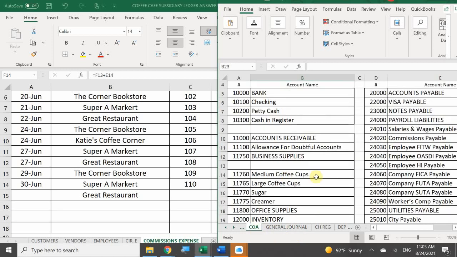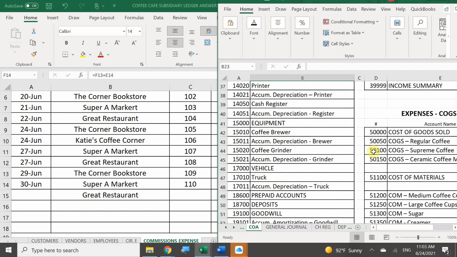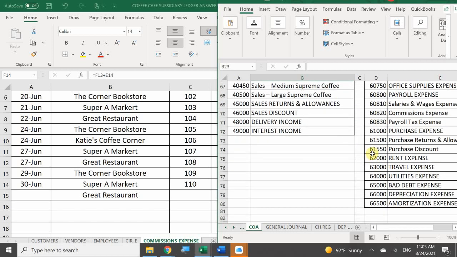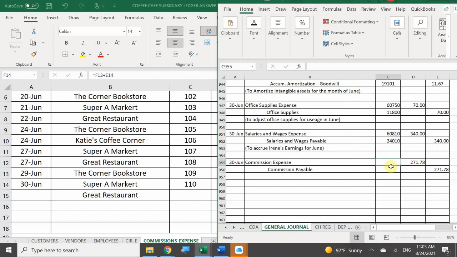Commissions. So commissions payable is going to be account number 24020, and then the commissions expense is going to be 6820. Right?